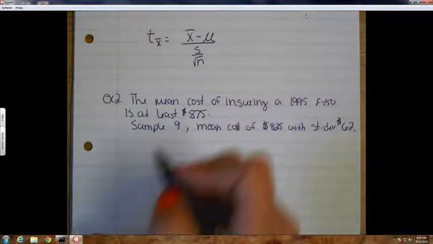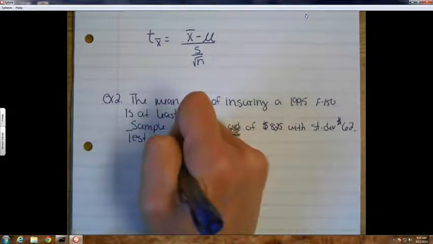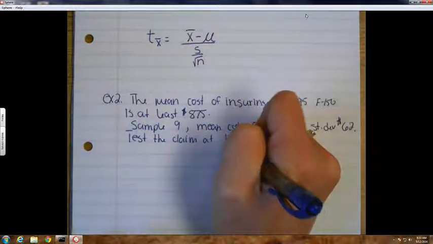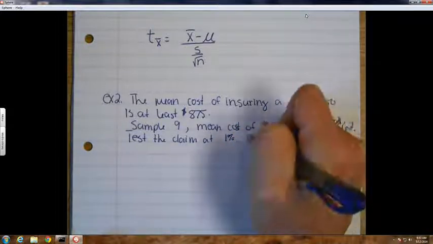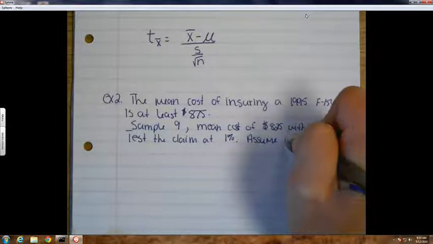Test the claim at 1%. Assume insurance costs are normally distributed.